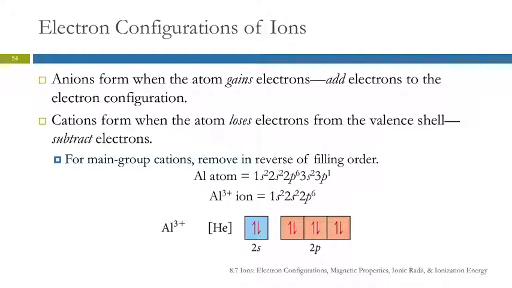That is the order in which they fill. And so when we make an aluminum ion, positive 3 charge, we have to take 3 electrons away. So we're going to remove the 3p electron. We get rid of this guy, and we're going to get rid of both of those guys. And what we've got left is the 1s2, 2s2, 2p6.